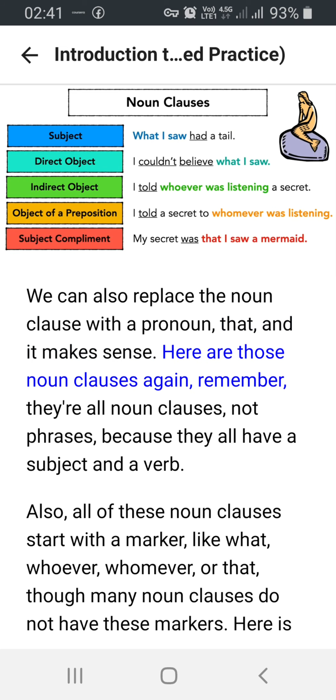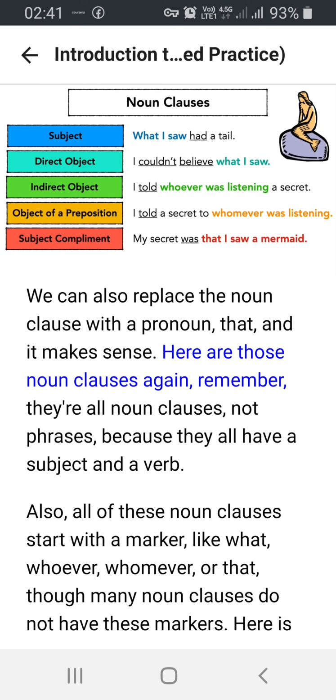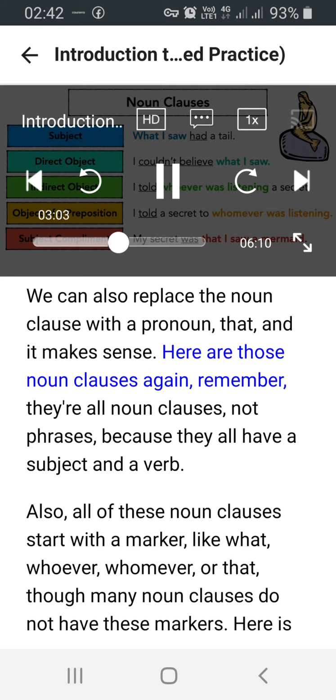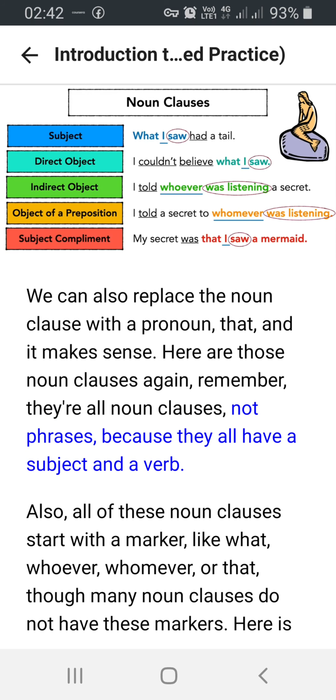Okay, here are those noun clauses again. Remember, they're all noun clauses, not phrases, because they all have a subject and a verb.